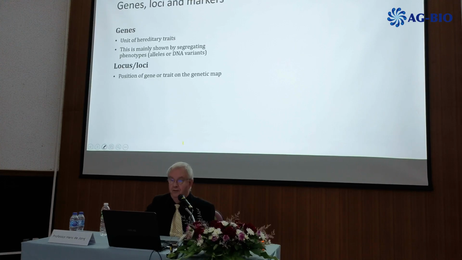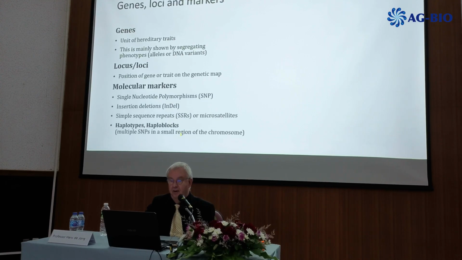The place of the genes are the locus or the loci, and these are the position of the genes and the traits on the genetical map. But most important today is the use of molecular markers, which are SNPs or indels, microsatellites, and haplotypes, or haploblocks.